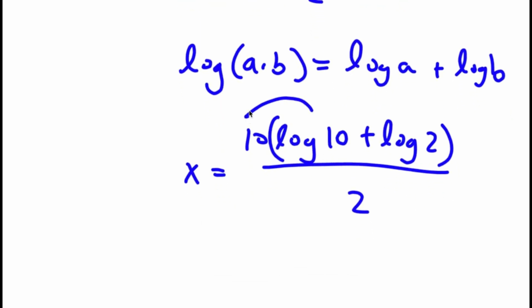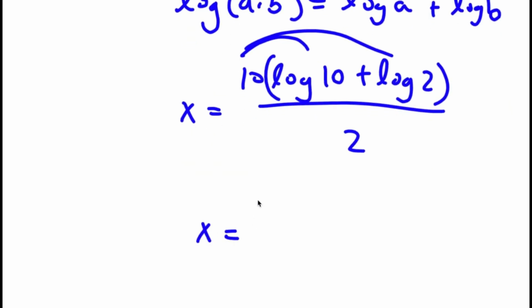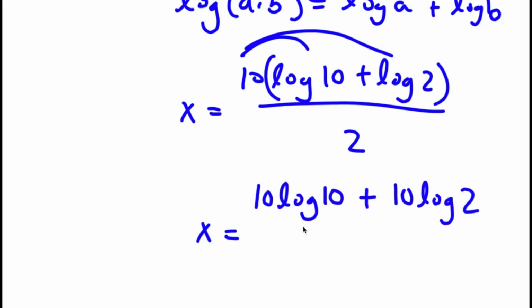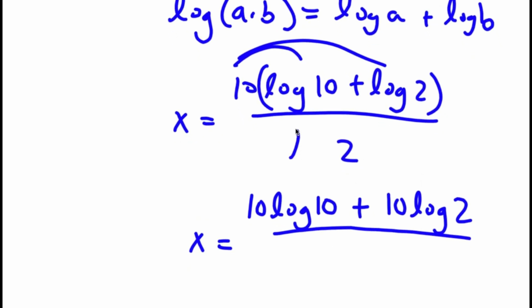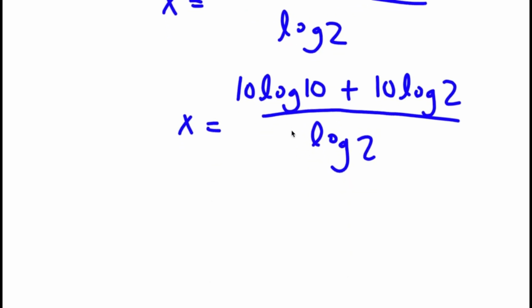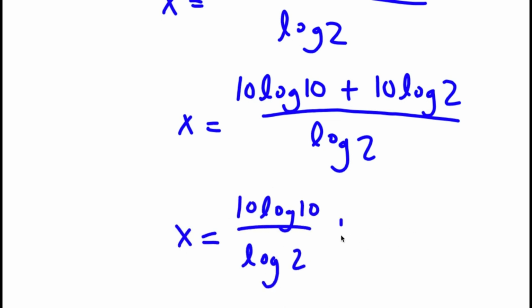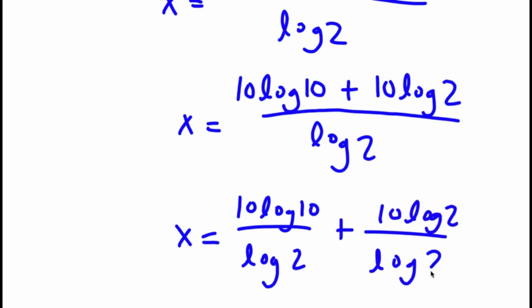Now I have this over log 2. Now, if I distribute the 10, I get 10 times log 10 plus 10 times log 2 over log 2. Sorry, this is actually log 2, not 2. And now this is the same thing as 10 times log 10 over log 2 plus 10 times log 2 over log 2.